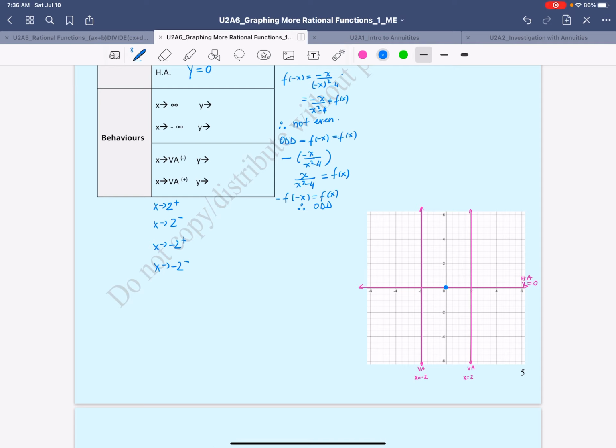Is this possible? As a matter of fact, it can be possible for a horizontal asymptote to be intersected by the graph. Recall that horizontal asymptotes are defined as y values that the function tends to approach as x approaches positive or negative infinity, which means that as x becomes very, very large, the y values will approach 0, and the same thing as x becomes very, very small, or very large negative, the y values will approach 0.